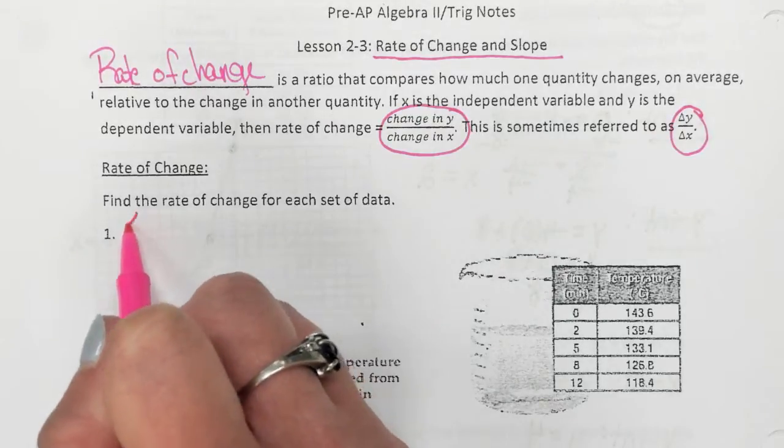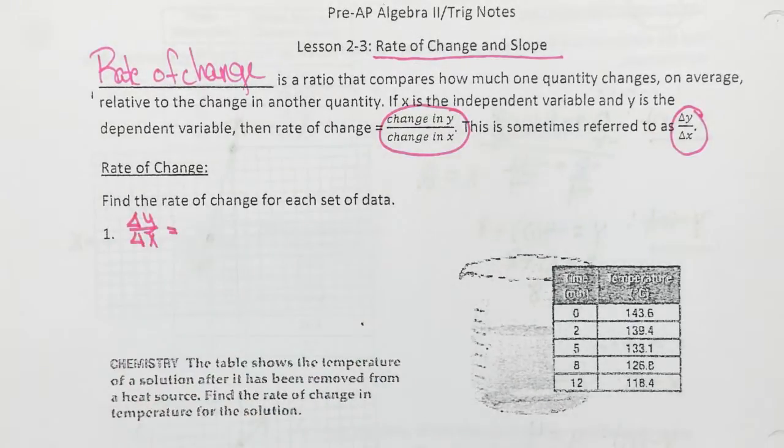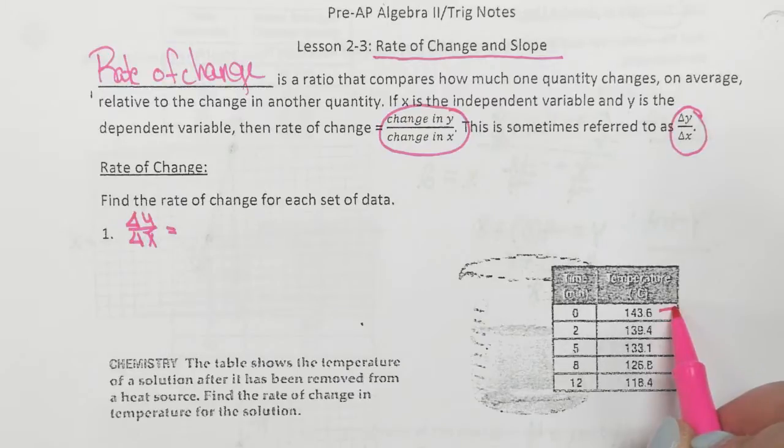So here we go. You have to compare each one of those numbers. So you have to pair each one up. So what's my first pair over here? The triangle, delta y. What's my first pair? 0, 1, 4, and 0.